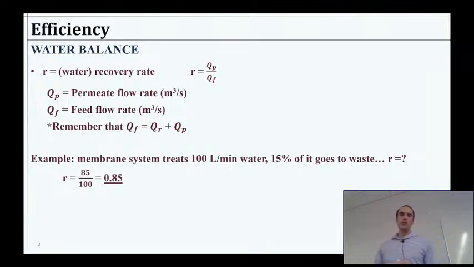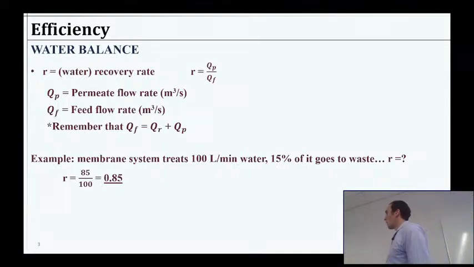So we're going to use, and I'm keeping consistent with our book's nomenclature here, a lowercase r. Sorry about all the r's, but lowercase r for water recovery rate. This will be the QP divided by QF. And you can tell it's dealing with water because we're talking about flow rates now instead of the concentrations of something.